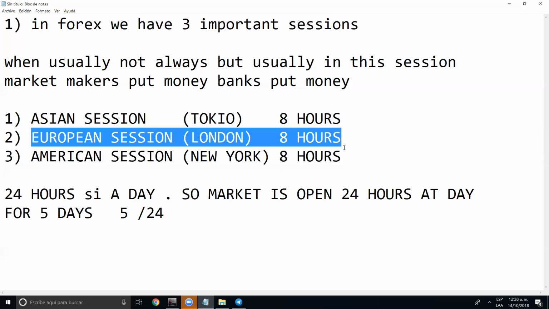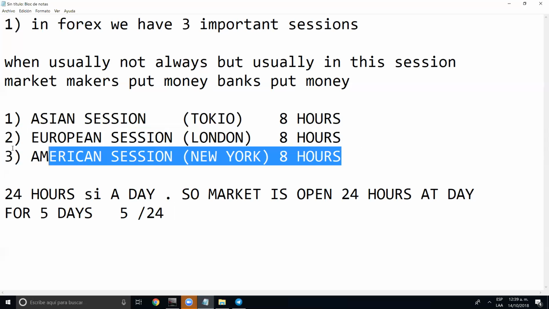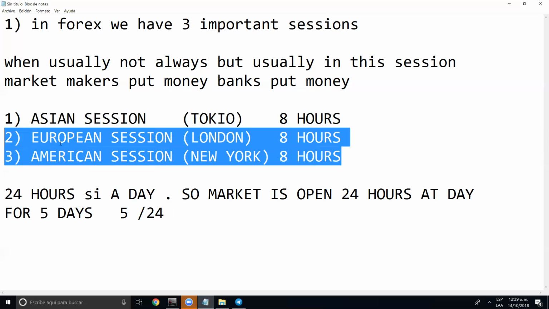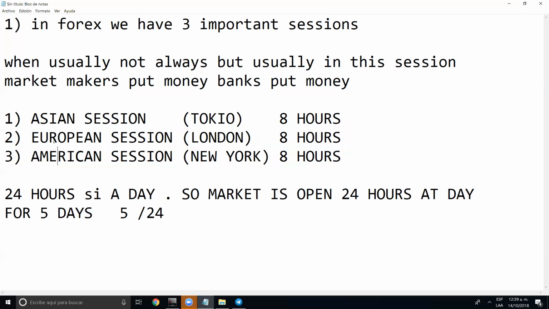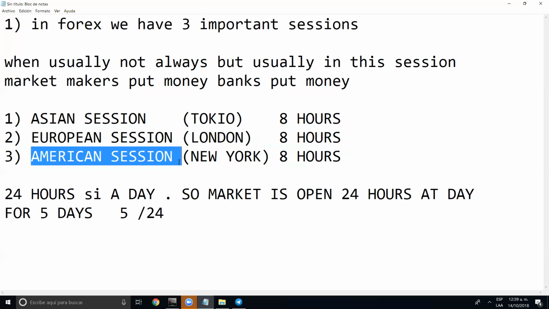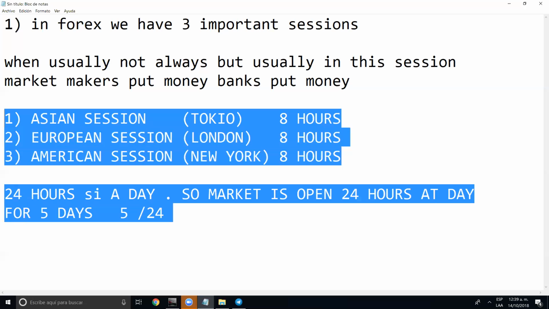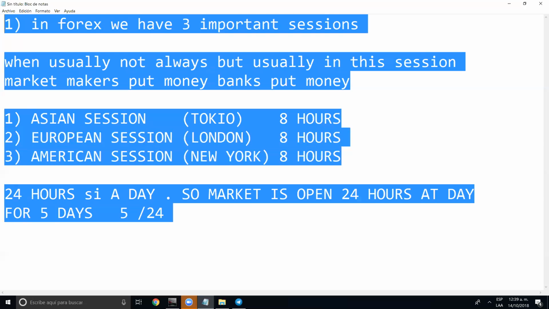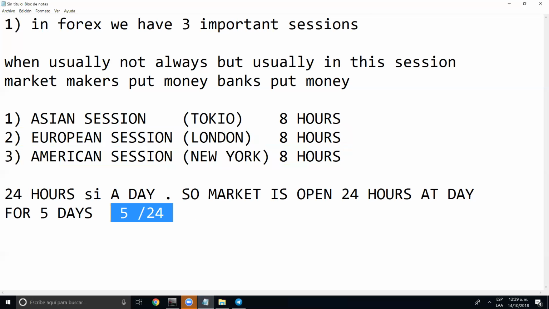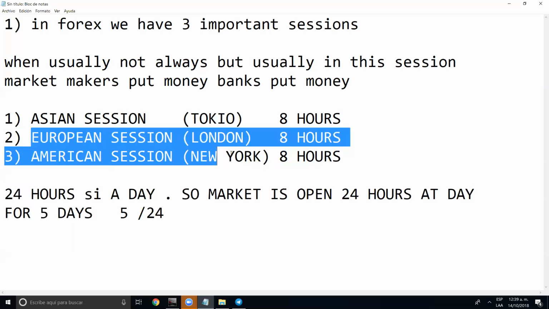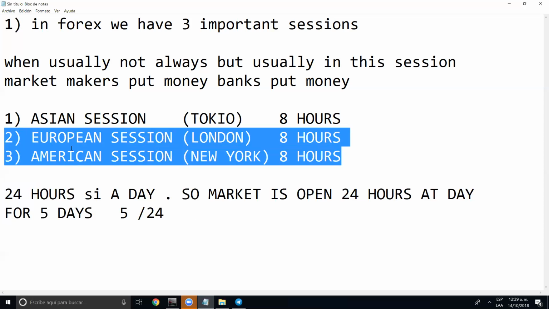Usually, not always, but usually, this is where you are going to find the best opportunities to trade, from these two sessions, European and American. So usually the manipulation is made in these two. Usually you will find the manipulation, which is the London banks or the London market putting money in, and New York too.